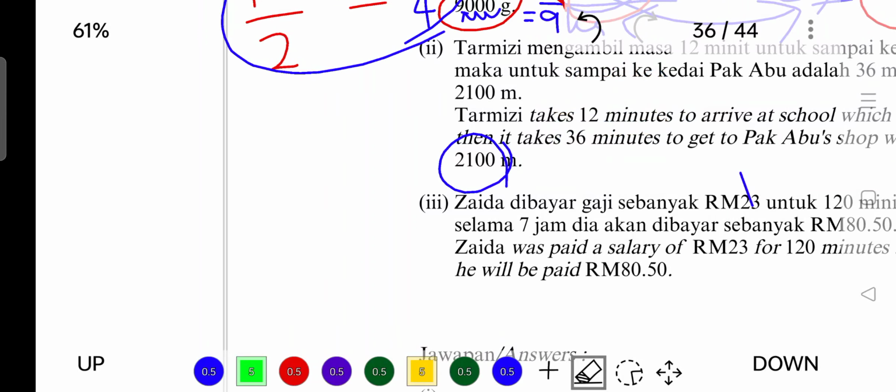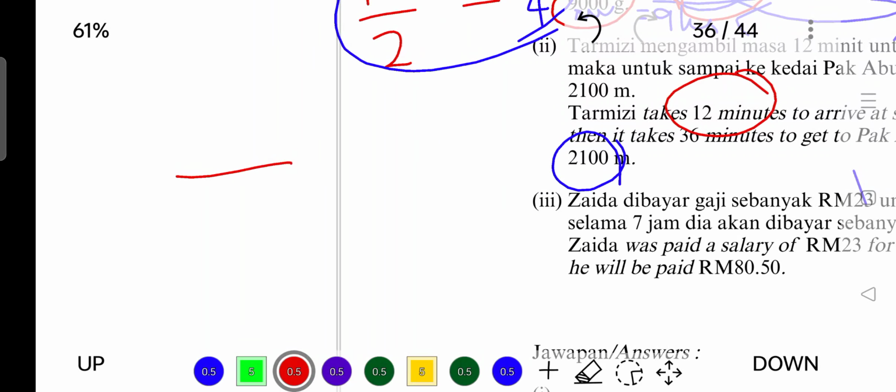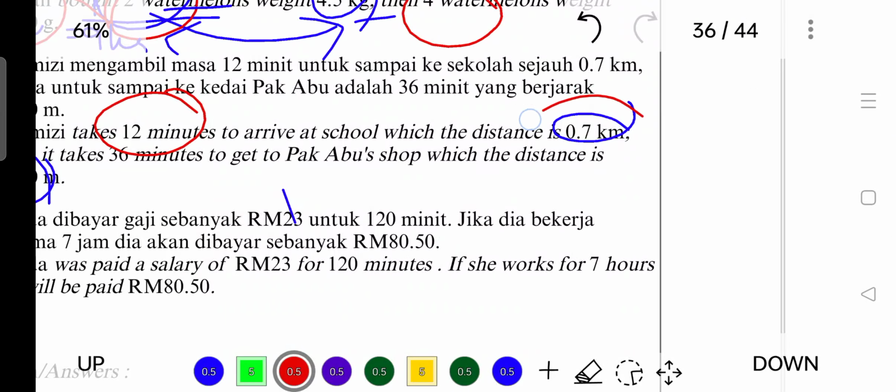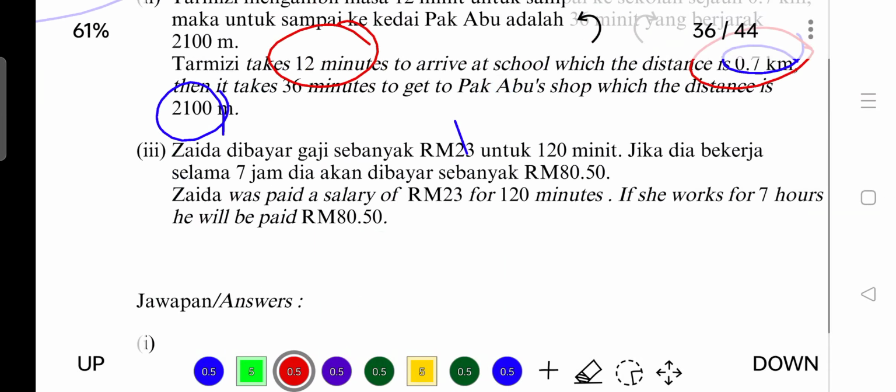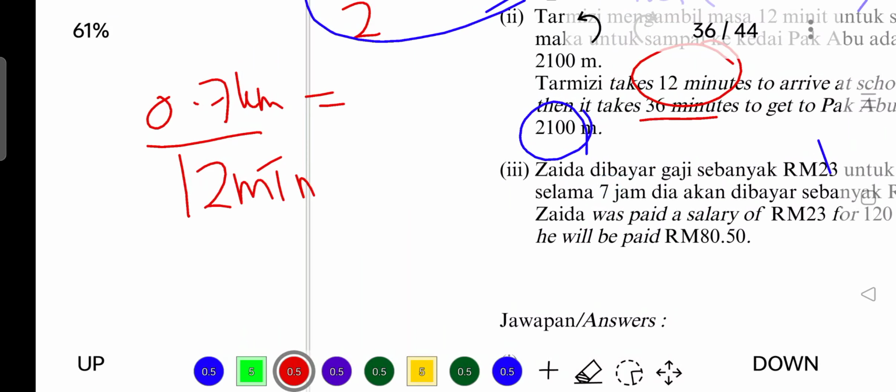So the one that we can take as the easier one to measure will go down. You can write 12 minutes down there. What is up? Up is 0.7 kilometers. This is also equivalent to 36 minutes. Okay, 36 minutes down there.